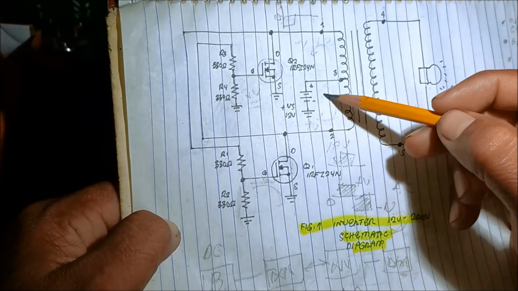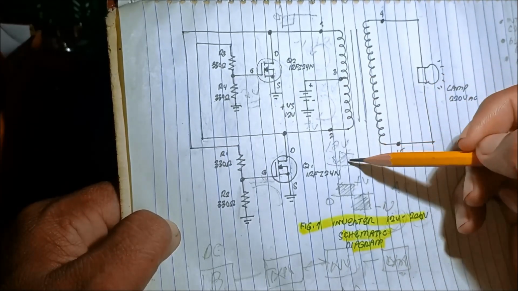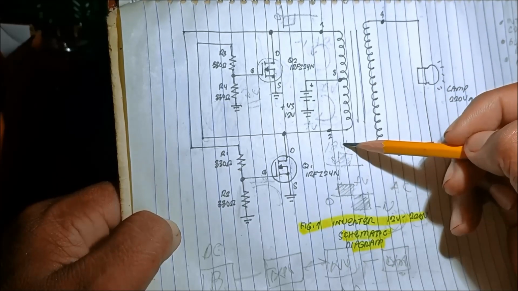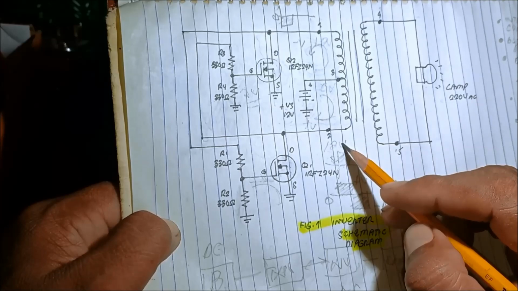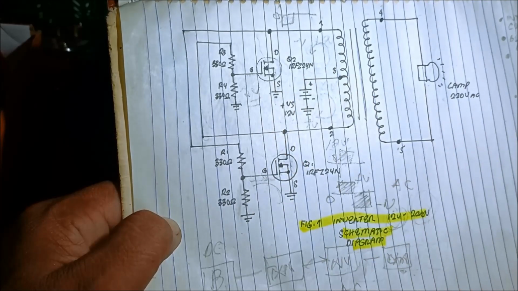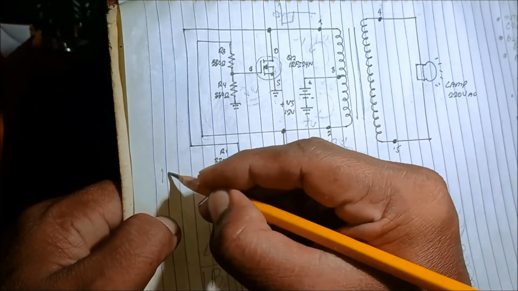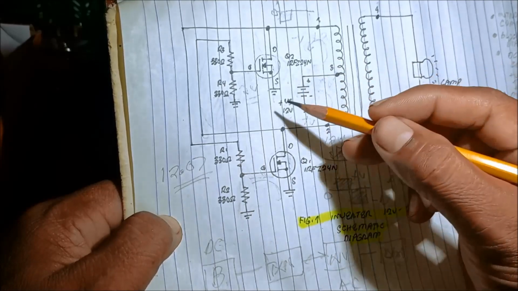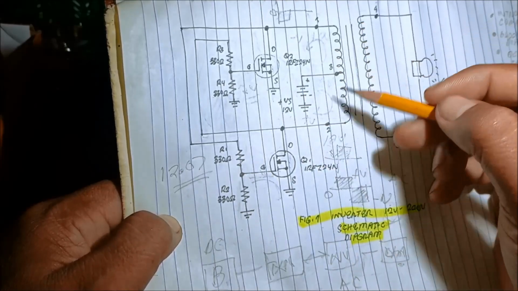And what is the battery voltage? Okay? During the operation, it is around 12.07. There's a voltage drop. There's a loss because of the transformer.